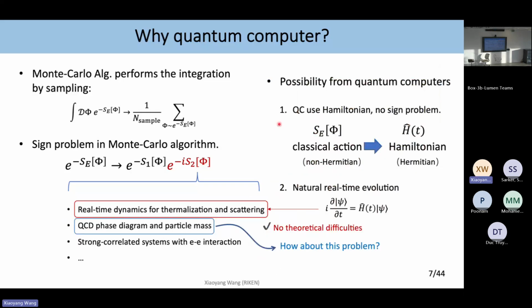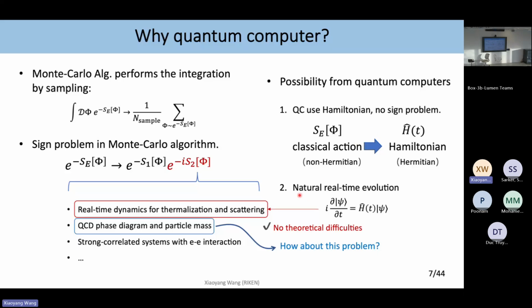However, the quantum computer provides us another possibility to solve this same problem, because in the classical action, S is usually a non-Hermitian number because it includes this imaginary part. On the other hand, the quantum computer usually uses a Hamiltonian to perform the calculation, and the Hamiltonian is a Hermitian operator, such that there is no sign problem in the quantum computer.